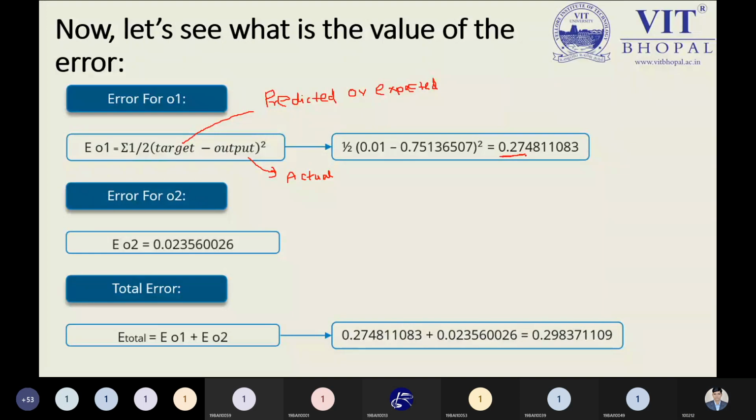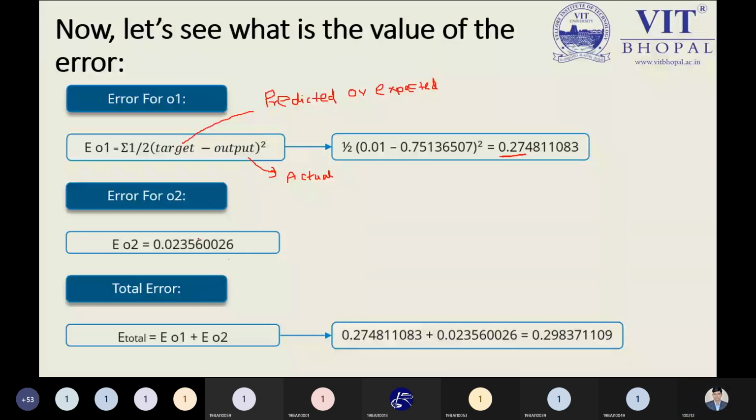Now, is it clear to all? Tell me, is it clear? Yes, sir. And similarly, if we solve this problem to get the error for the O2 node, we are getting 0.023. So what is the simple formula?